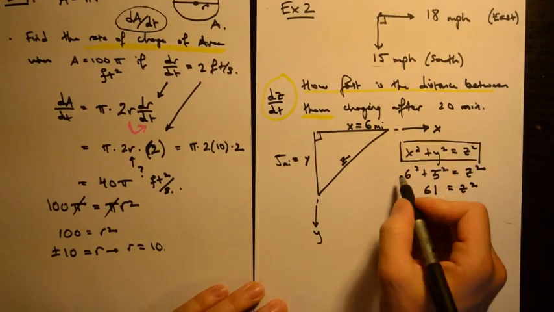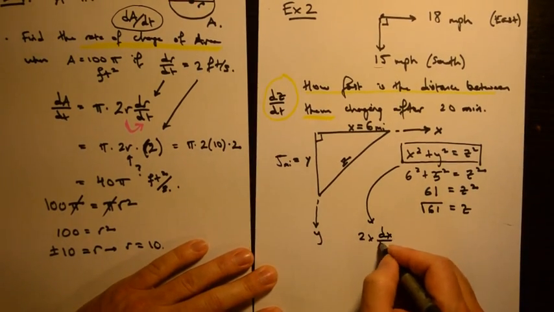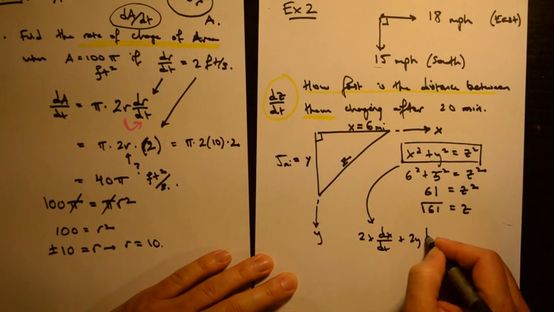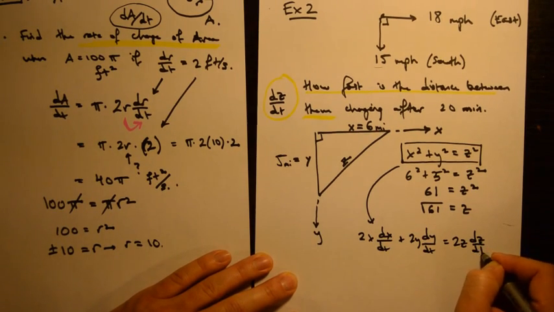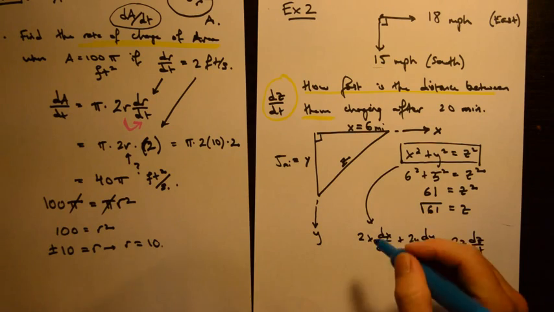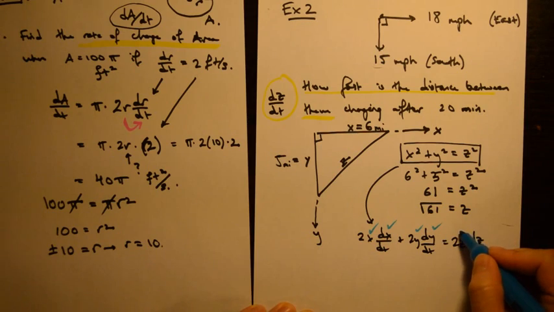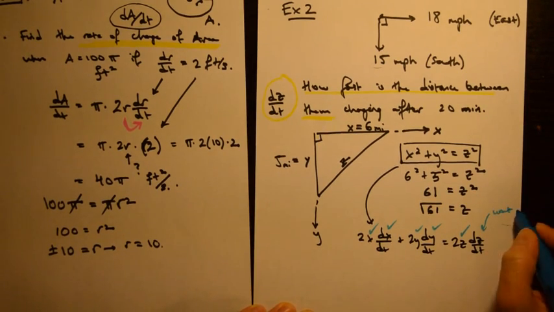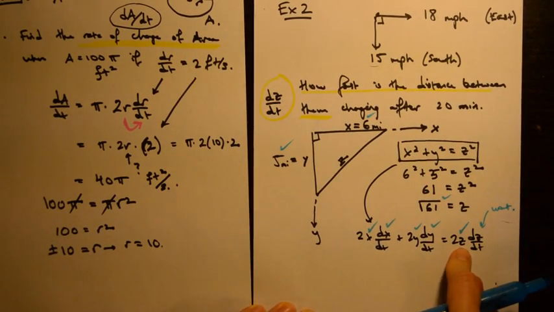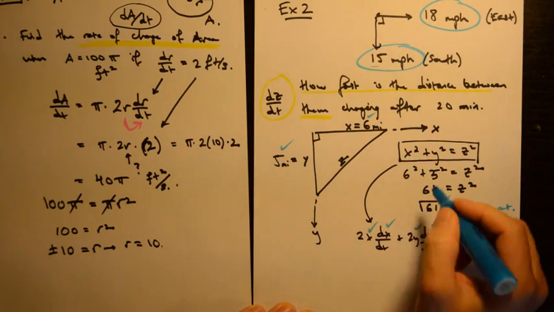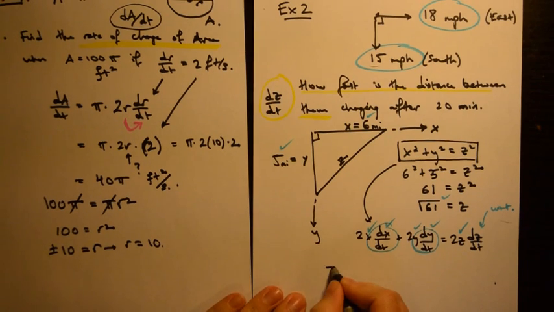So if we differentiate this equation, we get 2x dx/dt plus 2y dy/dt equals 2z dz/dt. Look what we know. We know everybody. We know this, and this, and this, and this, and this is what we want. How do we know that? Well, we have these numbers that we found, that's x, y, and z, respectively. And then we have this rate and this rate. So everything is known in the problem.